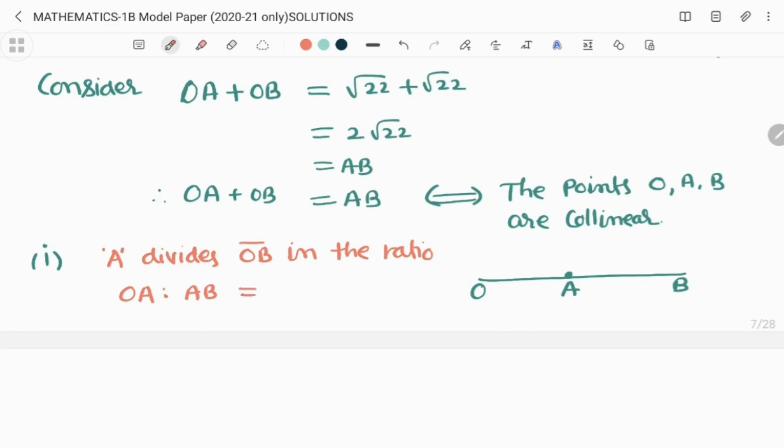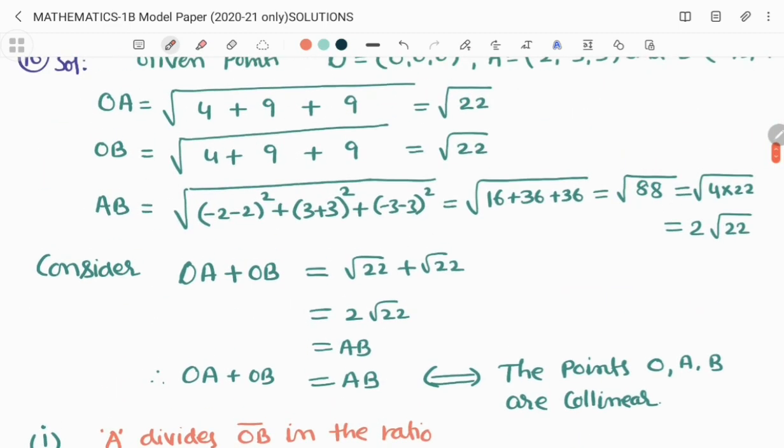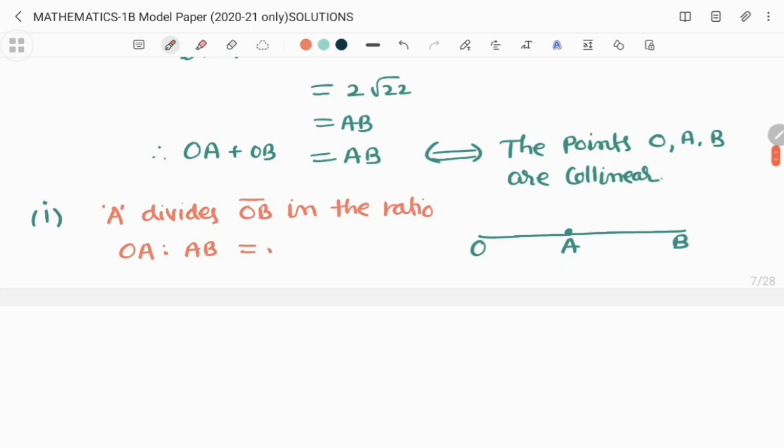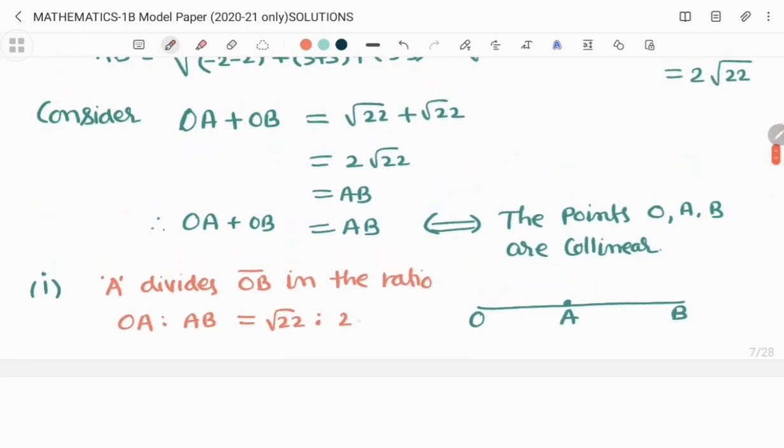What is OA from here? OA value we got it now, root 22. So root 22 is to AB value we got it as 2 root 22. So root 22 root 22 get cancelled, 1 is to 2. So that means A divides OB in the ratio of OA is to AB. So it is 1 is to 2 ratio.